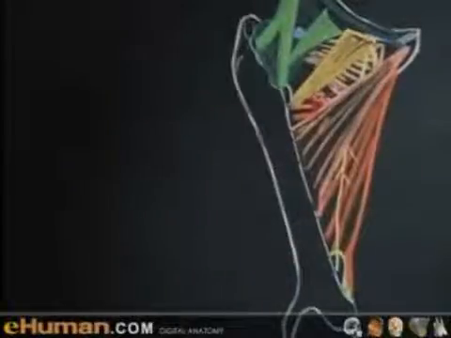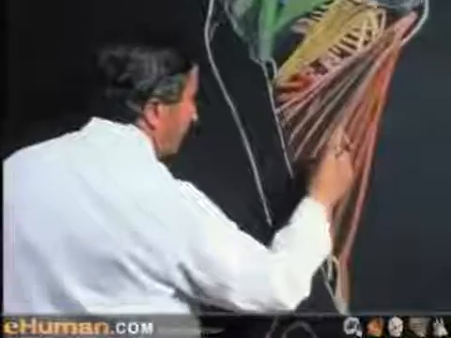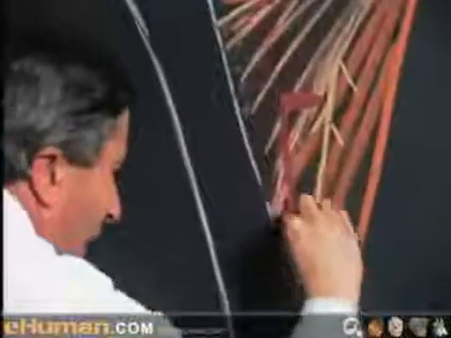Now, sitting on the anterior surface of adductor longus in this region is the femoral artery, the large artery which is passing down and disappearing through the hiatus in the adductor magnus. And it goes through there, and there becomes the popliteal artery behind the knee joint.